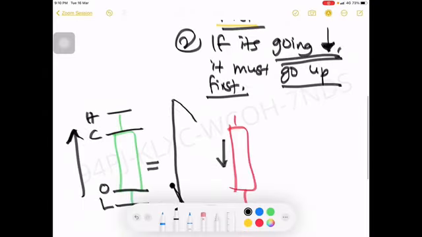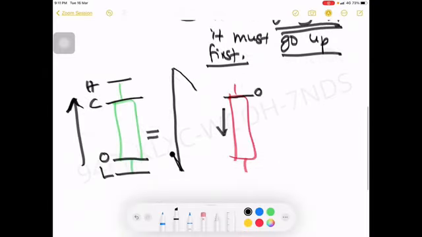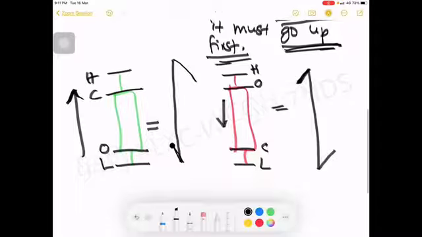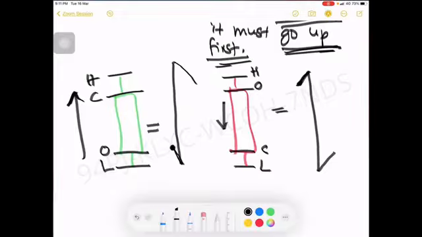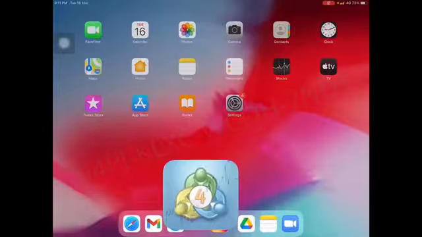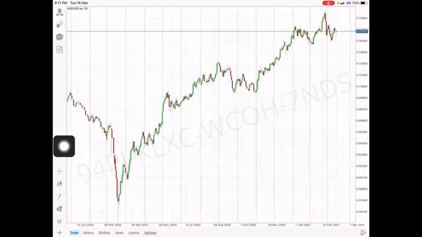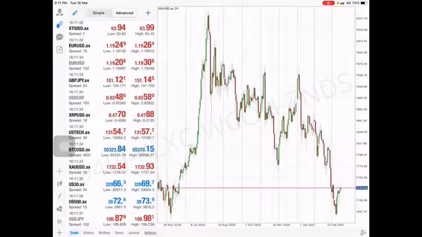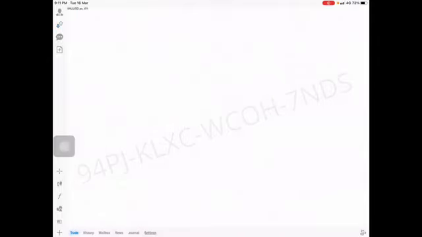For the other case, it needs to go up first. The opening will be here, and it needs to go up. In a line chart, it's going to be from the open, then go up first, remember, and then to the low and close.